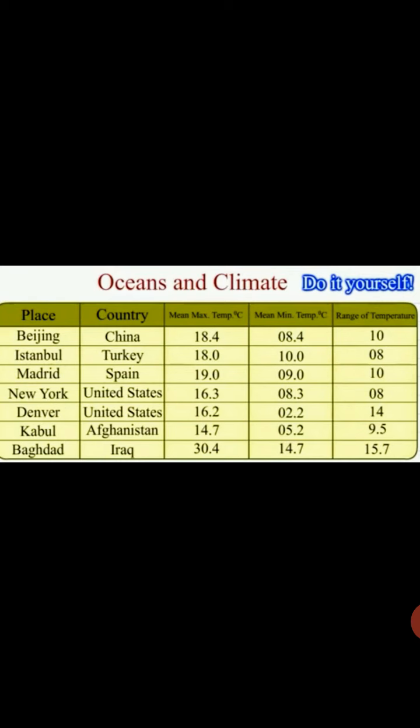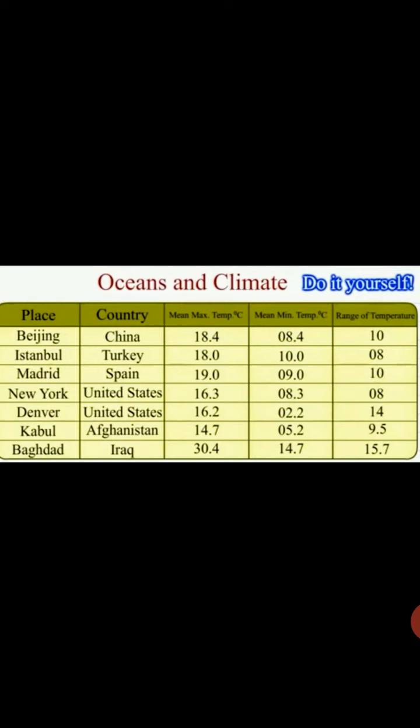So as you can see, the range of temperature: Beijing is 10, Istanbul is 8, Madrid is 10, New York 8, Denver 14, Kabul 9.5, Baghdad 15.5.